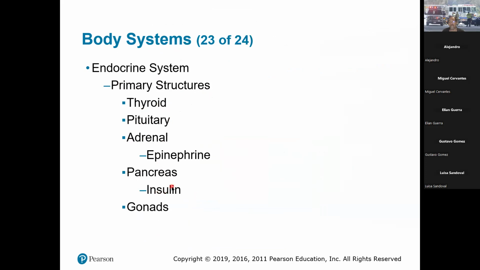Specifically, if we're talking about the islets of Langerhans, which are little clusters of cells, then we have these. But if we're talking about gastrointestinal juices or something to help in digestion, it's produced by other cells in there. Of course, your gonads are your testicles and your ovaries.